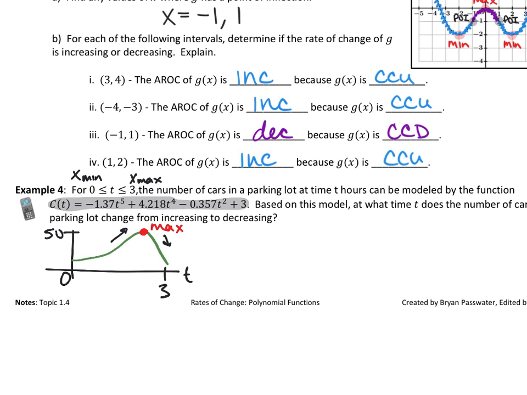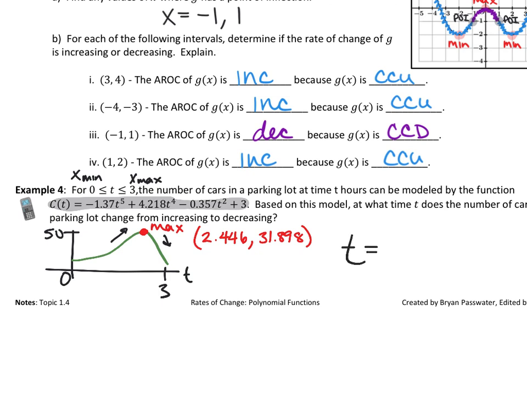So on your paper now, you can write down that coordinate, that the maximum occurs at 2.446, 31.898. Okay. We just have to make sure we know how to answer the question. What time does this change from increasing to decreasing?